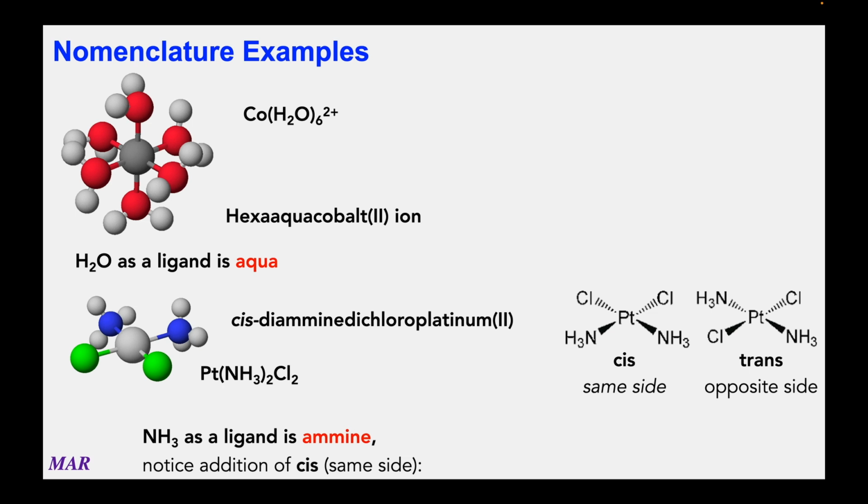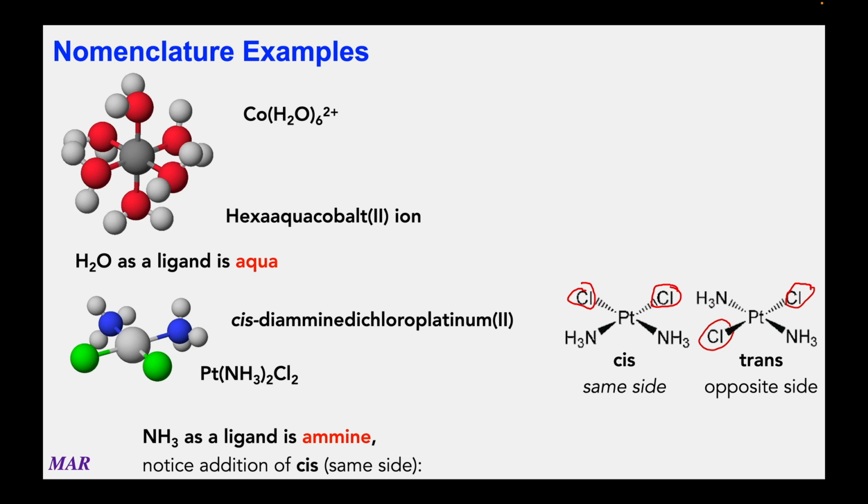So notice in the diagram on the left right there, the chlorines are both on the same side of the platinum. They're within 90 degrees of each other. That's the cis version. On the other hand, in the other one, the chlorines are basically opposite each other. They're 180 degrees. That would be a trans version. So if you see the little cis right there, that just means same side.